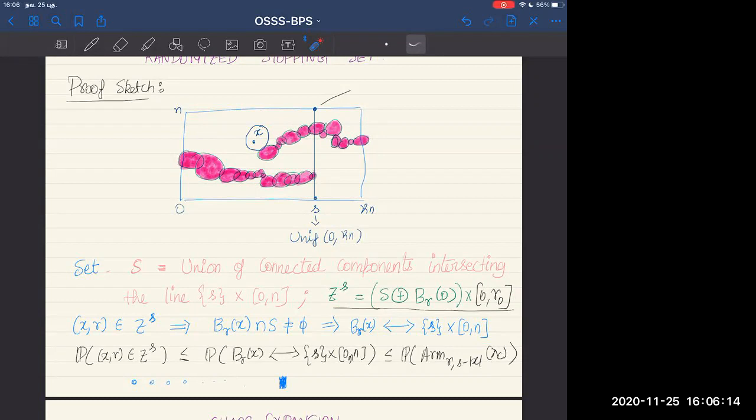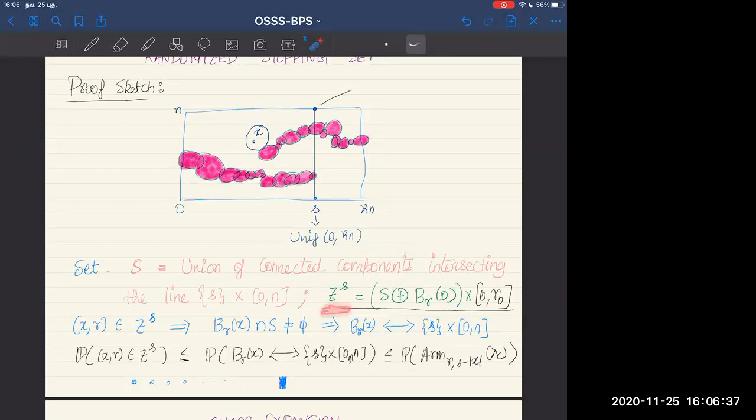This is my stopping set. If you tell me ZS, I know whether I have a crossing or not, because I have explored all the components intersecting the line. If I have a crossing, there should be one component that touches both the left and the right sides. So ZS determines the crossing.